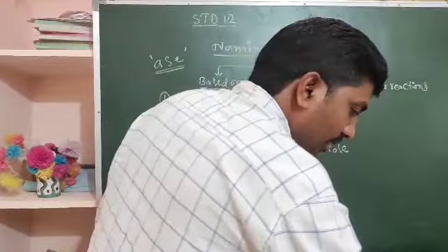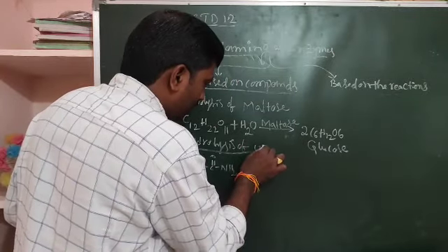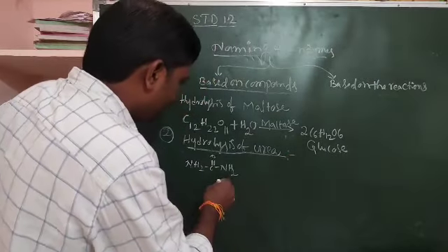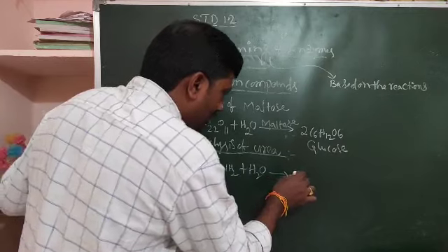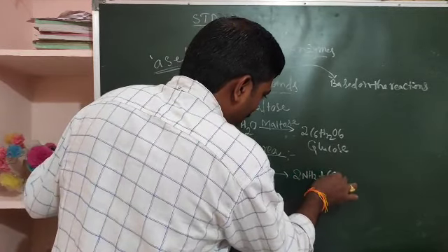On hydrolysis we get 2 moles of NH3 plus CO2.